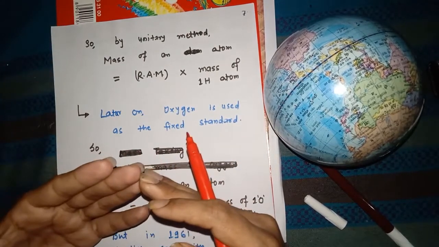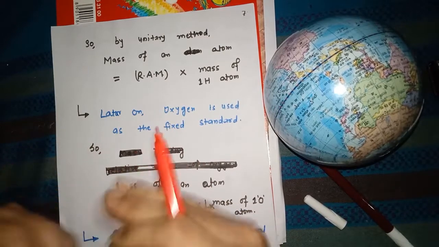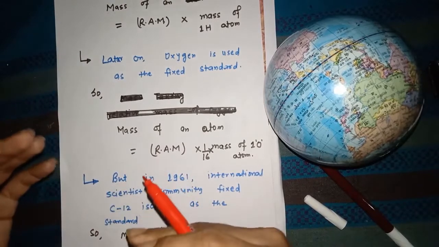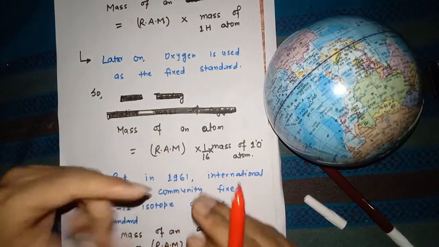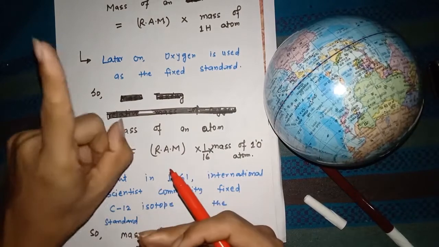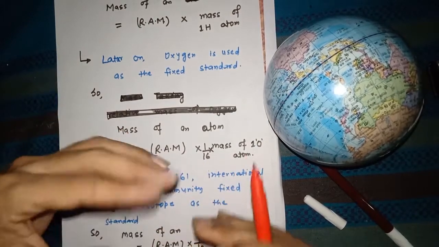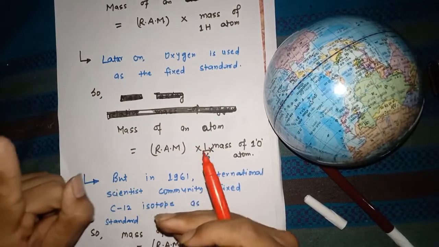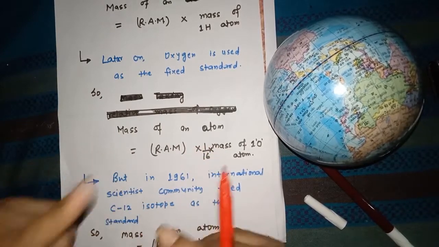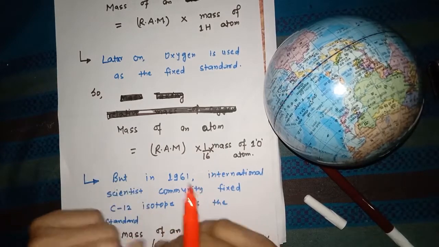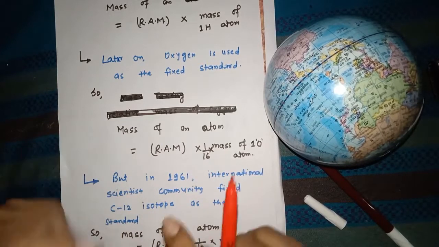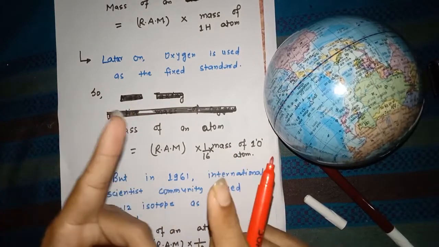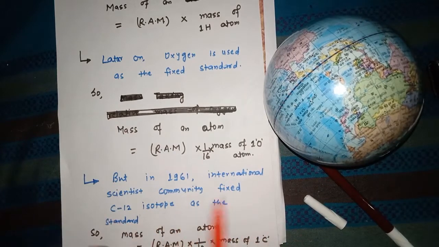Later on, oxygen was used as the fixed standard. Hydrogen was replaced by oxygen. So in the same way, the mass of any atom must be RAM into 1 by 16th of the mass of one oxygen atom. Why? Because an oxygen atom has a mass of 16 grams in 1 mole. That's why we take the mass of one oxygen atom only and replace it by 1 by 16th of the mass of one oxygen atom as our standard.